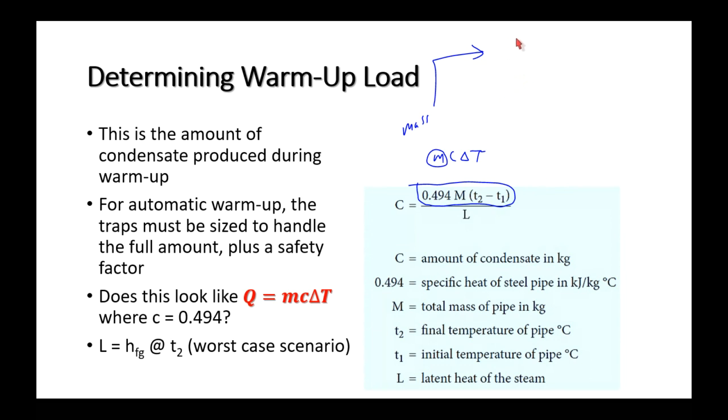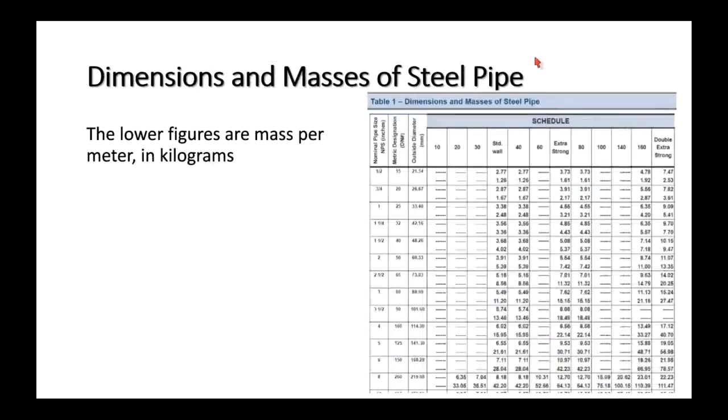But underneath where they show the pipe thickness, let's say we got NPS 1 pipe, and so there's the thickness, yes, but the lower number is mass per meter in kilograms.